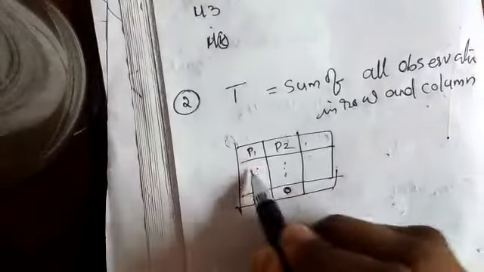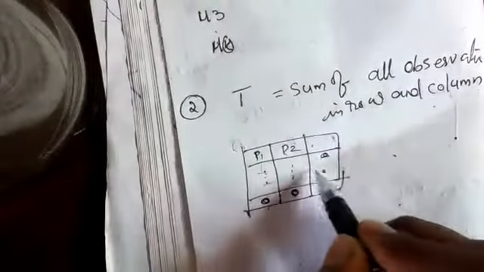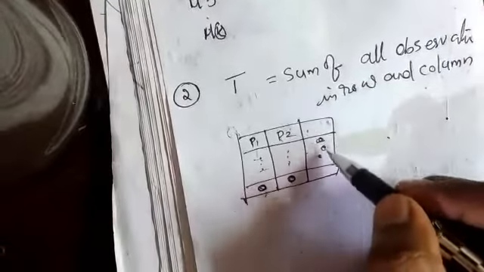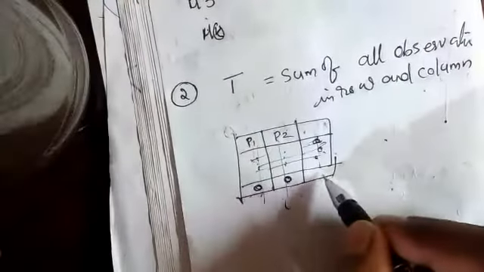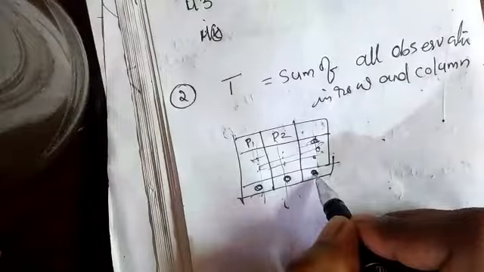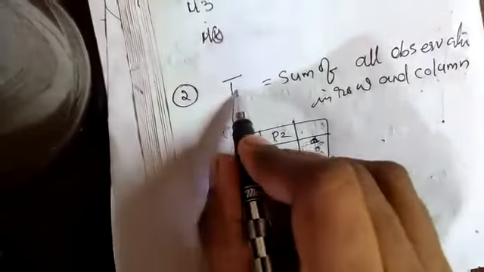So here we have a total, here also we have a total. This is the column total. This is each row total, and this is each column total. So this total and this total we can write here. That is the T.